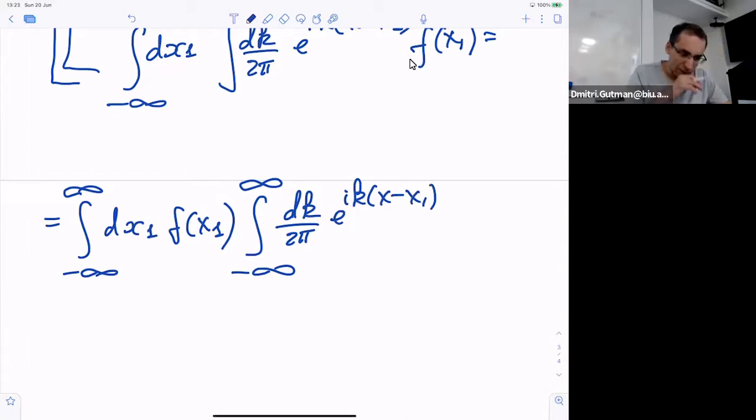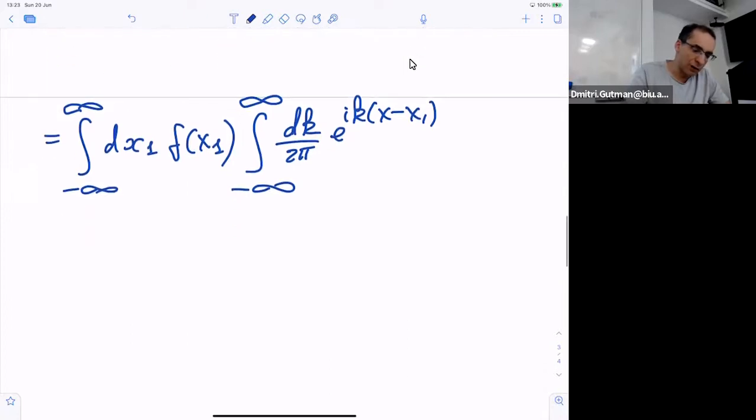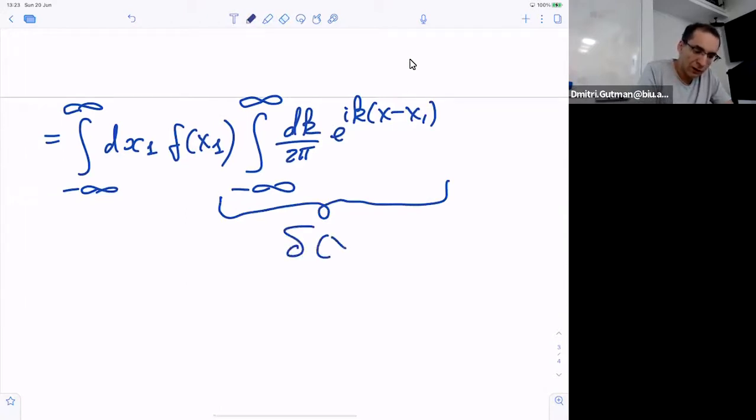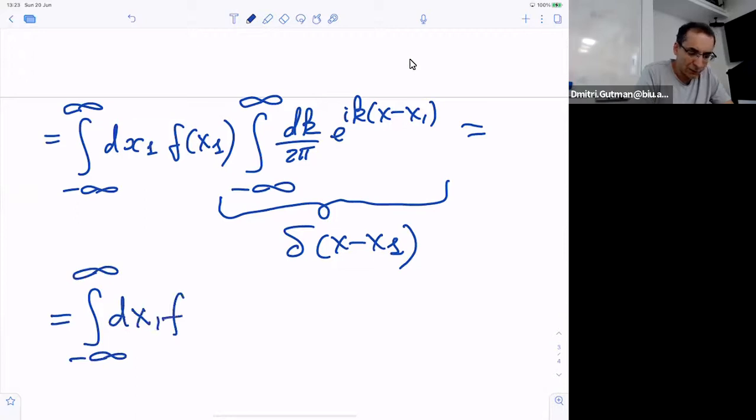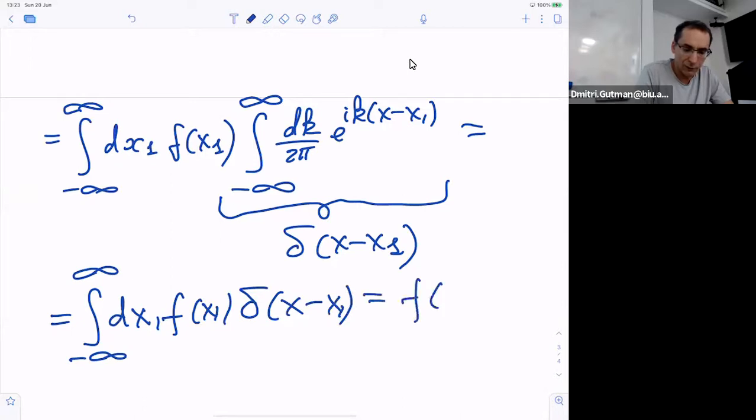Okay, so now the claim is that this integral is just a Dirac delta function of x minus x1, and therefore the whole thing will be equal to the integral from minus infinity to infinity dx1 f of x1 delta(x − x1), and therefore would be equal to f of x.